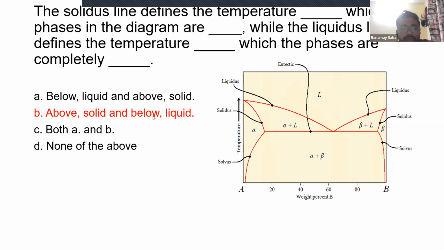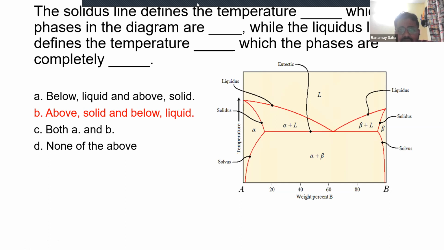Okay, so I think this diagram is a different diagram. In regard to this diagram, the options will be that the solid line defines the temperature above which the phases in the diagram are.